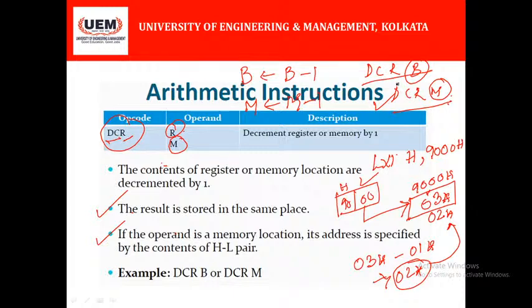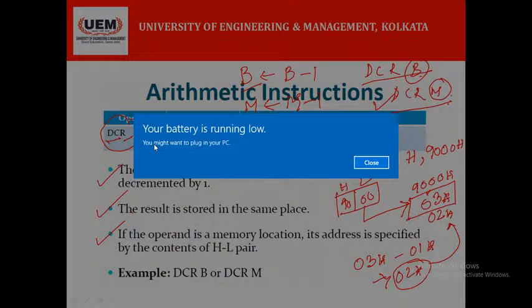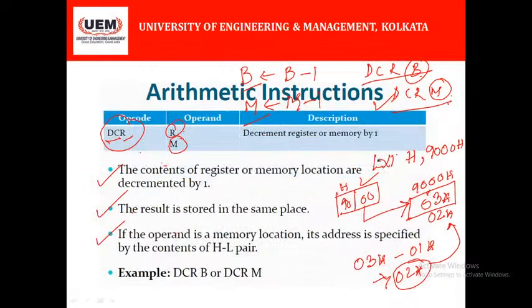For example, in case of DCR B, it is stored in B. In case of DCR M, it is stored in M. Next, the contents of a register or memory location are decremented by 1 here, as we are observing. DCR R or DCR M, all of them are one address instructions.